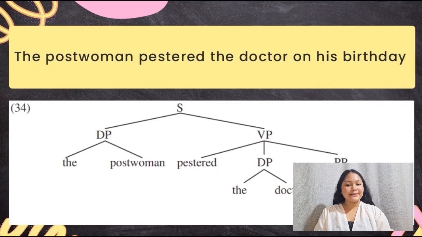Now let's look at the sentence: the postwoman pestered the doctor on his birthday. We can see below the tree diagram of this sentence. Rewrite rules help us draw tree diagrams by showing what comes under each part of a sentence. They are like step-by-step guides to show how sentences are built. So in short, rewrite rules tell us how phrases are broken down and how each word fits in the sentence.